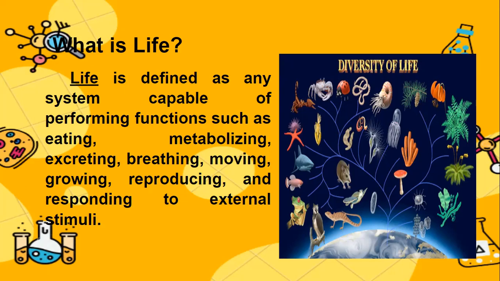So the term autonomy refers to the organism's relationship with its environment. So we have different relationships in our ecosystem. Those are mutualism, commensalism, predation, competition, and etc.